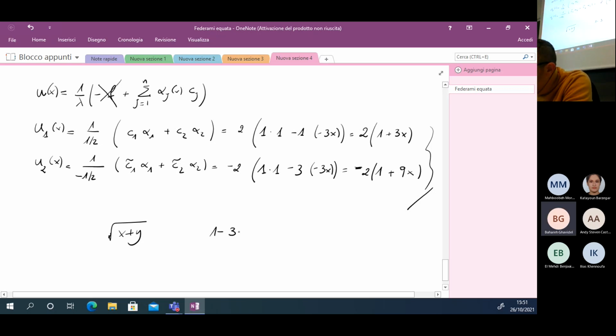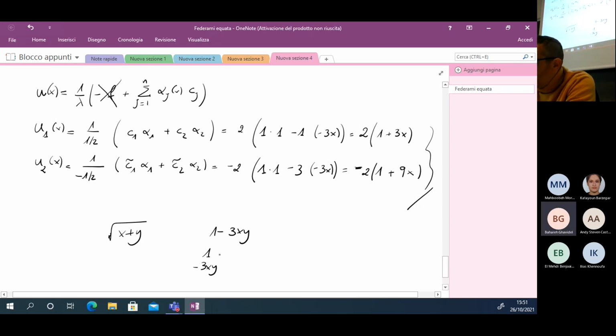The case that we have studied, this one, I can write this thing as a first term that is 1 and the second term which is minus 3xy. Correct?